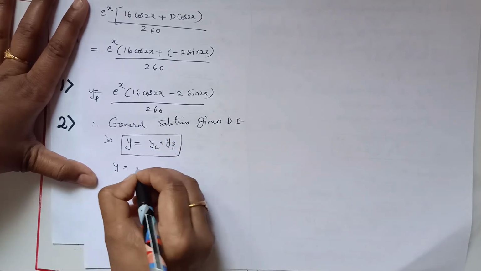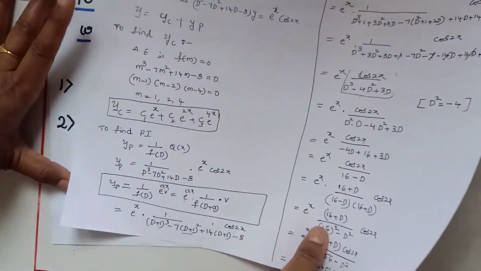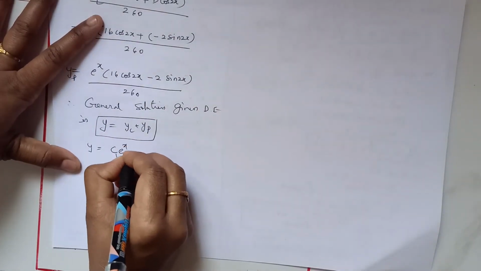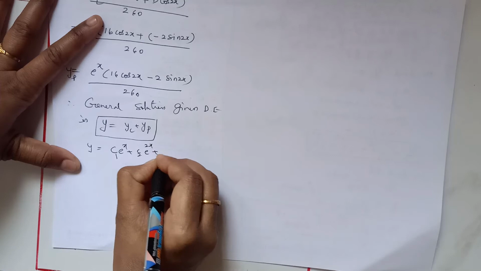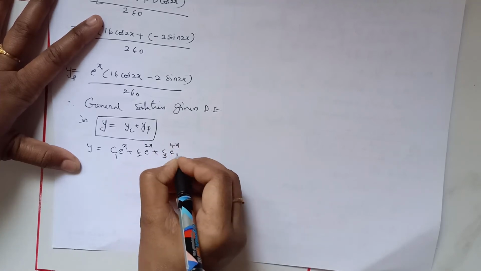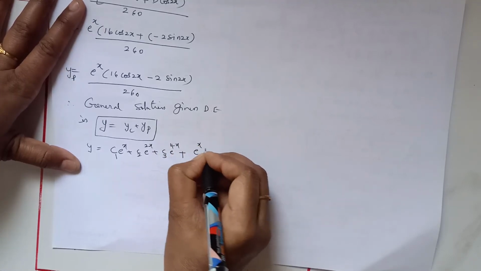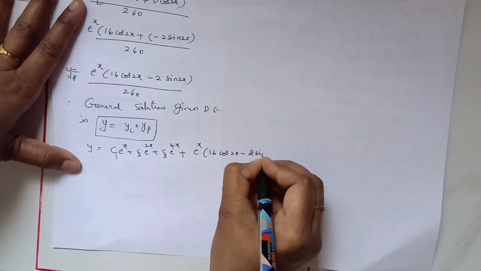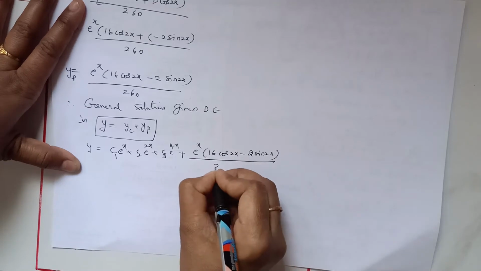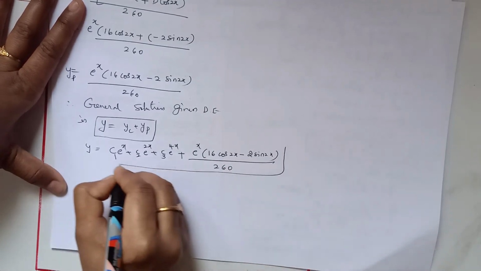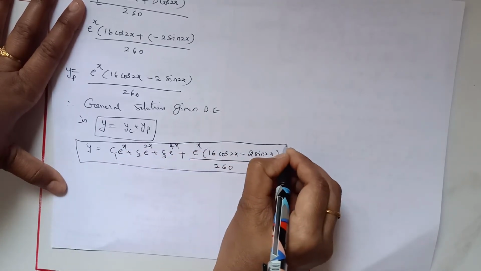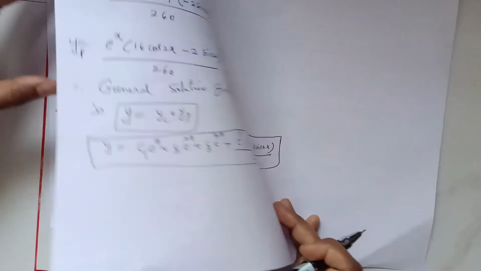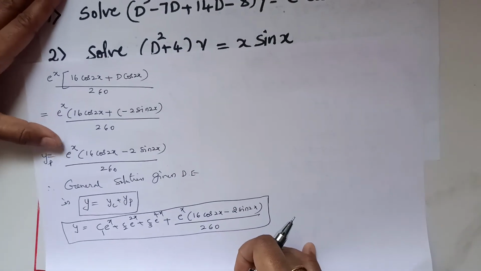Y is equal to yc, here c1 e power x plus c2 e power 2x plus c3 e power 4x plus e power x into (16 cos 2x minus 2 sin 2x) by 260. This is the general solution of the given differential equation. Now, as I said, we solved two problems in this.